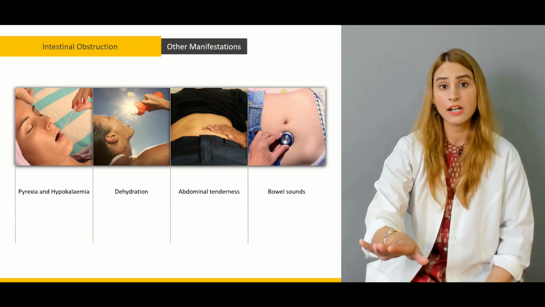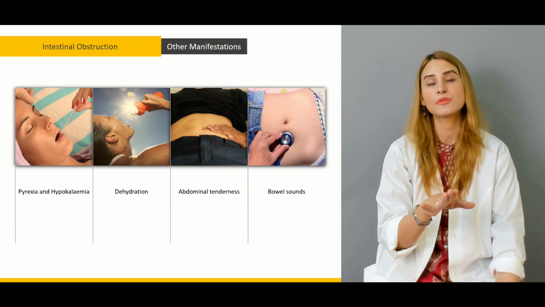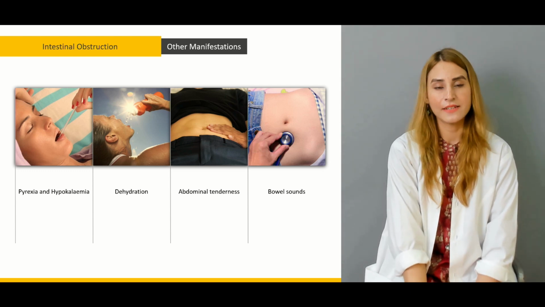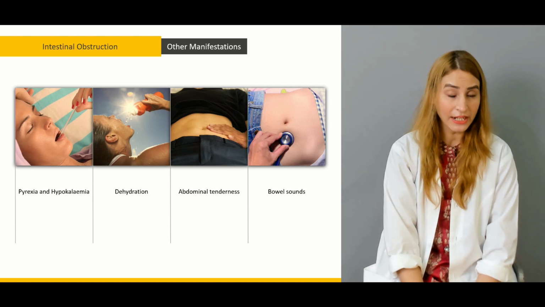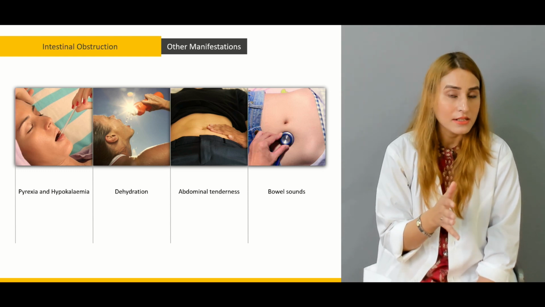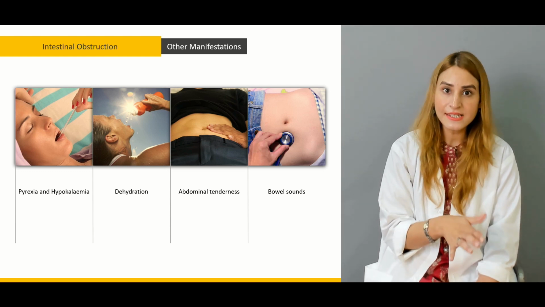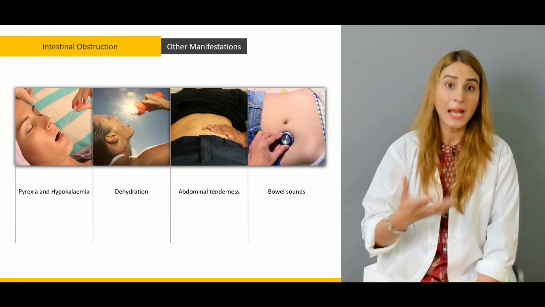And if we particularly talk about the bowel sounds, initially, whenever there's obstruction, initially there is hyperactivity. You can listen to the hyperactive bowel sounds, right? But with the passage of time, when the obstruction is not relieved for a very long time, the peristalsis ceases, and then there would be absence of the bowel sounds.